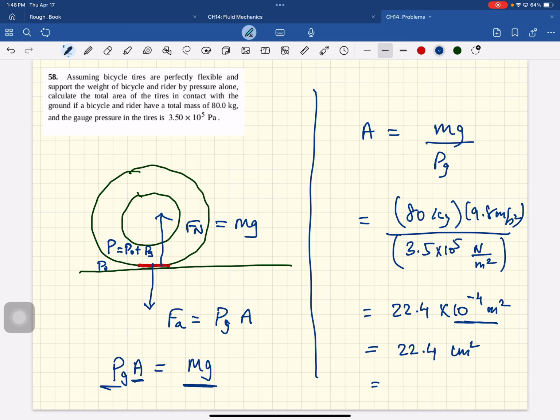So roughly 5 centimeters. So that's the area. So 4.73 centimeters squared, that's roughly a square of 2 inches. So that's how much tire is in contact.